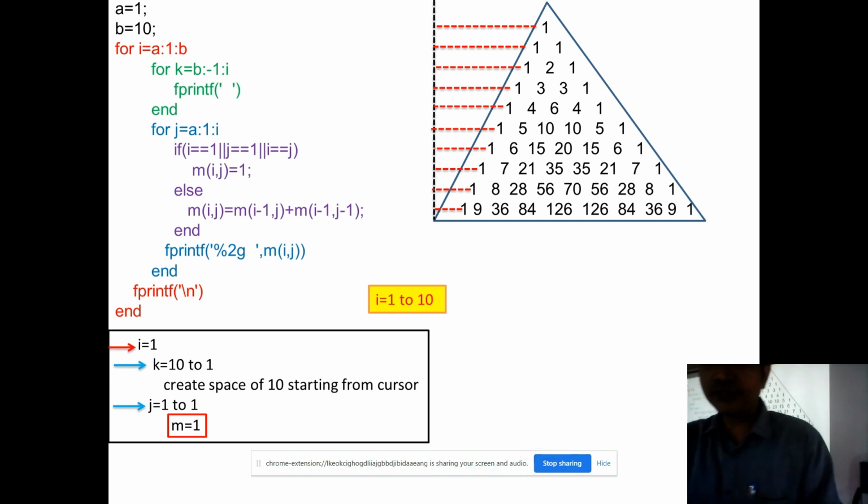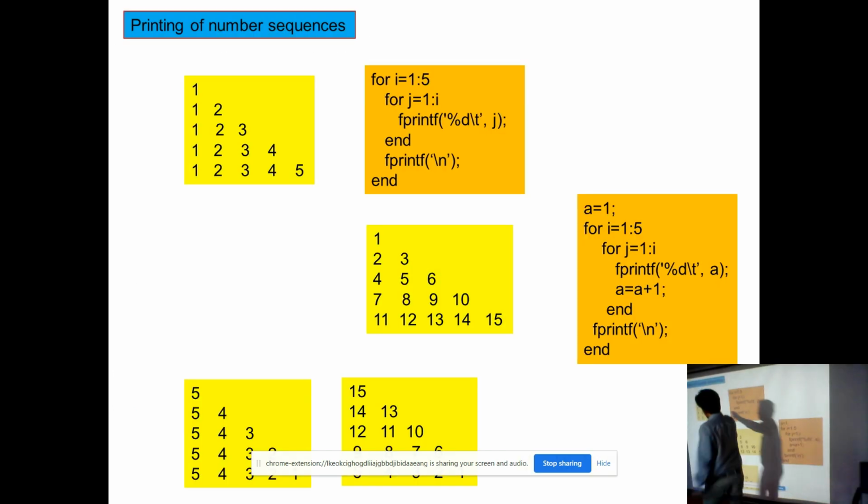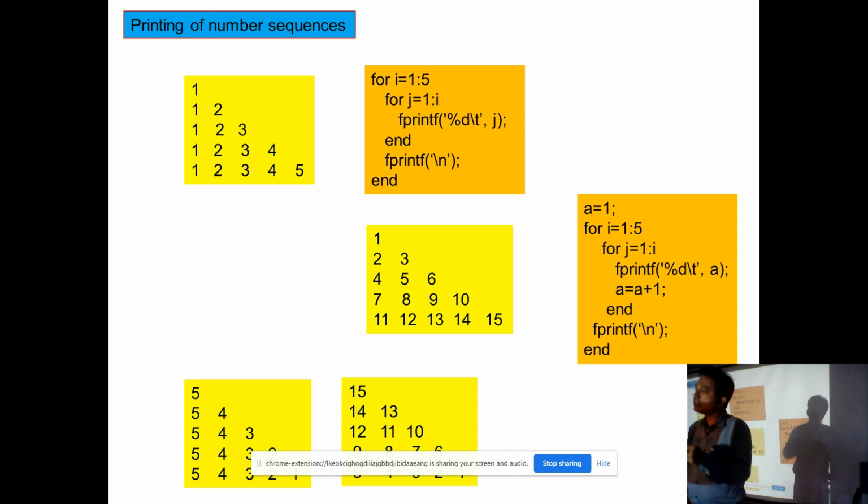Just check it. Your cursor is always at the extreme left, so your number is printed at the extreme left only. The cursor comes from the next line to the next line only. So always your numbers will be printed in the form of a right angle triangle. There is no need of space creation. The space creation concept comes only when you want to print in an equilateral triangle fashion or another fashion.